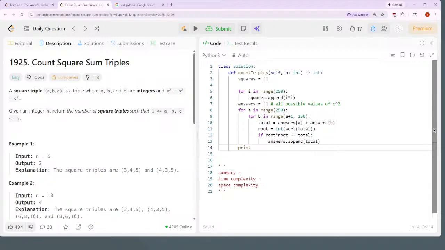I guess root can't be more than 250. Maybe I should do a break here.